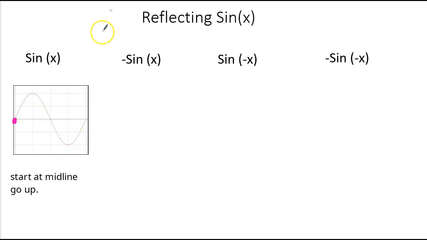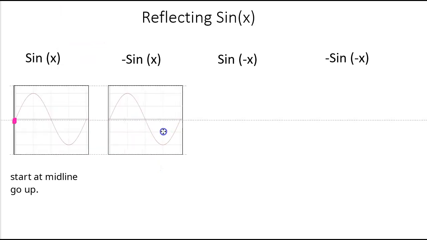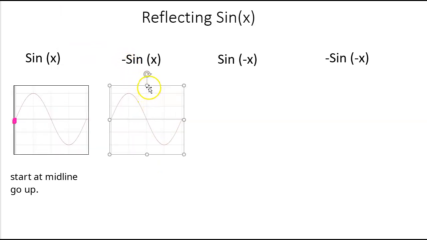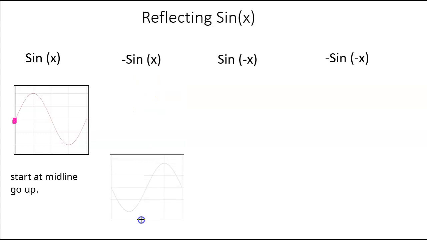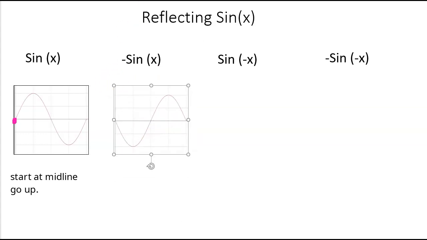So we start at the midline and go up. But what if we take our sine function here, and I have a negative in the front? Well, that flips the graph upside down. So now, as you guys can see, it starts at the midline, and then it goes in a downward direction after that. This one went up, that one goes down.